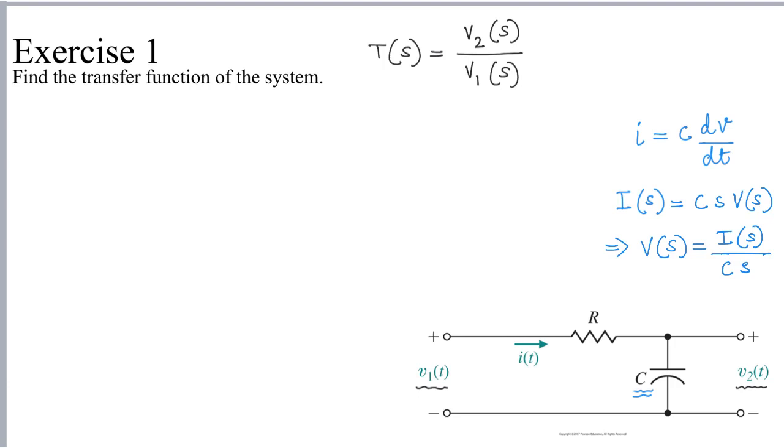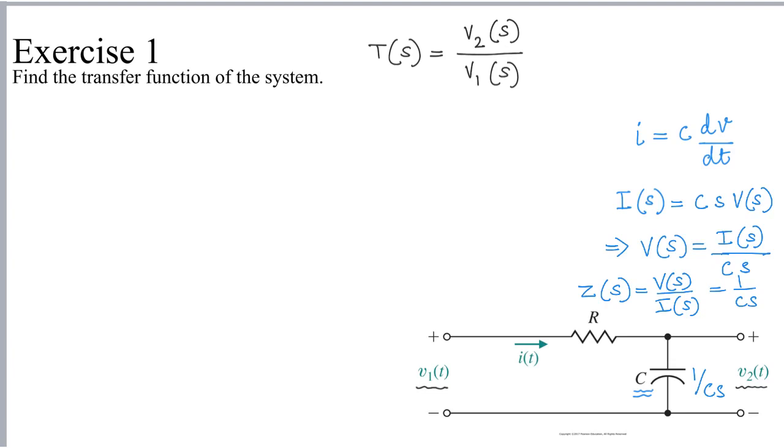Okay. So let's think about the impedance of this capacitor. Z(s) is equal to V(s) over I(s), which is equal to 1 over Cs. So the voltage over current, which is the impedance of the capacitor, is 1 over Cs. Then what is V2 going to be in terms of V1? There are various ways to do this.